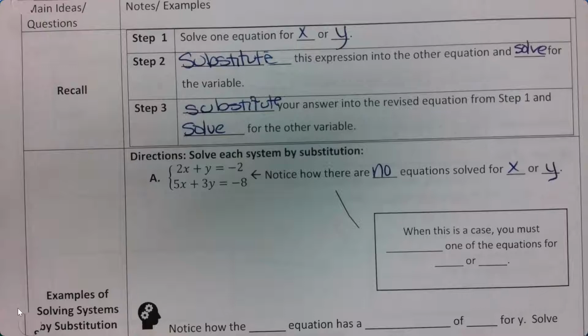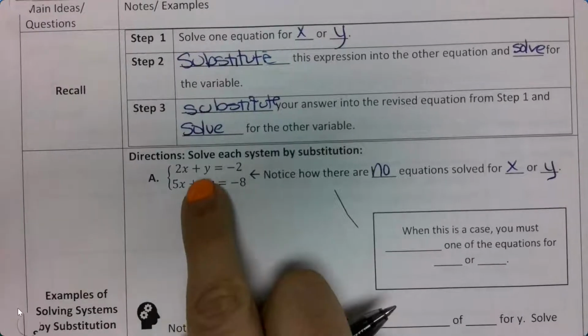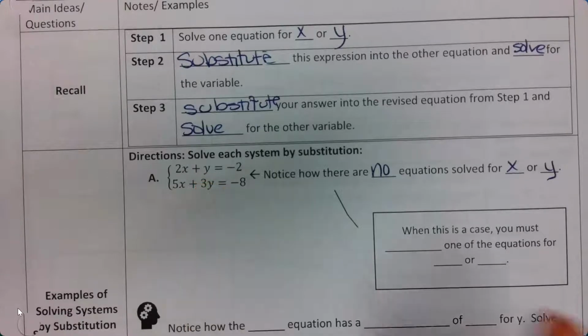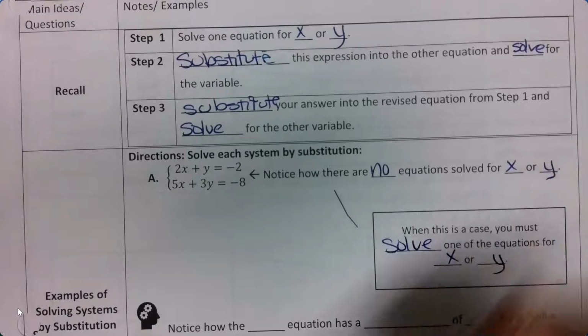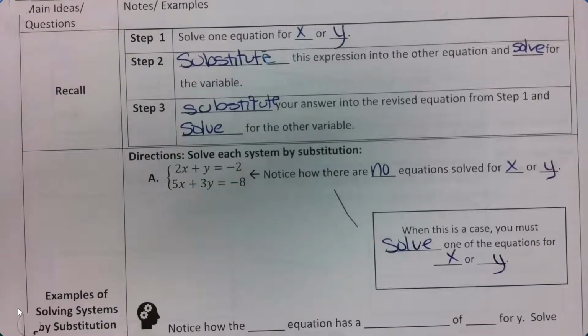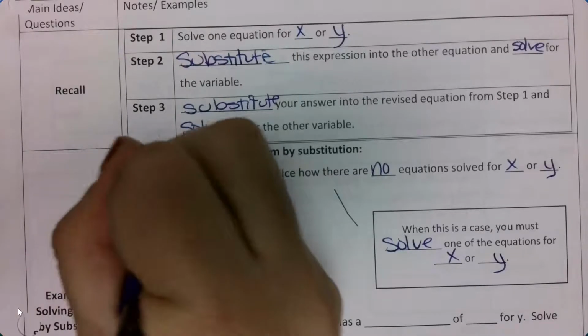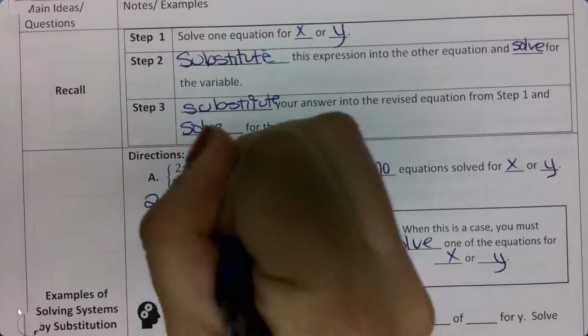Why the top one? Yeah, so notice how the y doesn't have a coefficient. That's going to make it easier. So I'm going to solve one of my equations for x or y, and we decided we were going to do the top one because my y has a coefficient of 1.